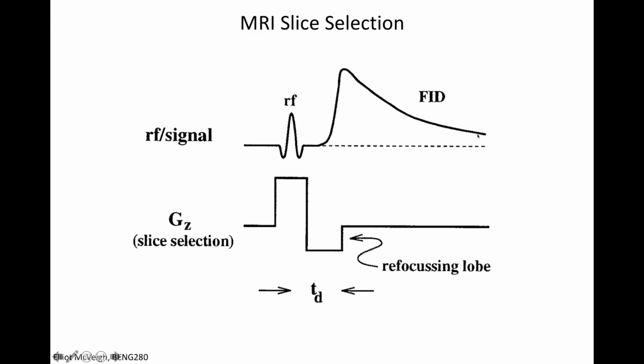And that signal decays away with a time constant called T2. If everything's perfect. It's called T2 star if there are residual magnetic field gradients from other things.